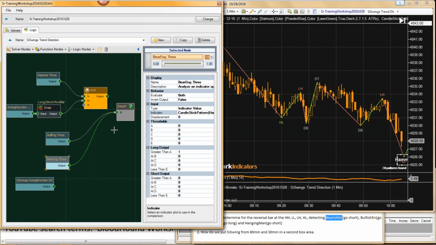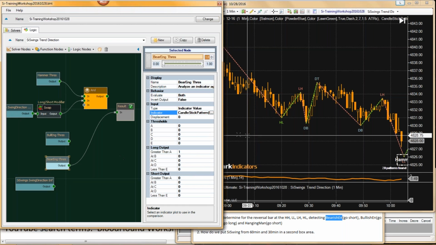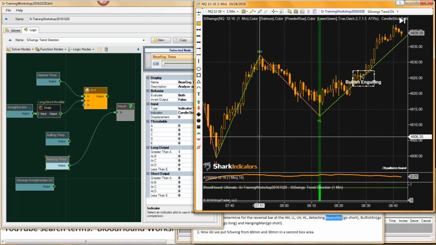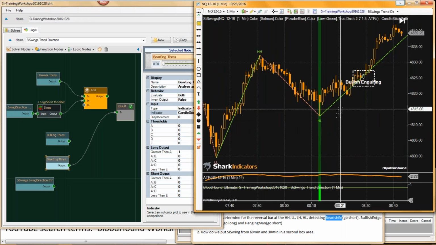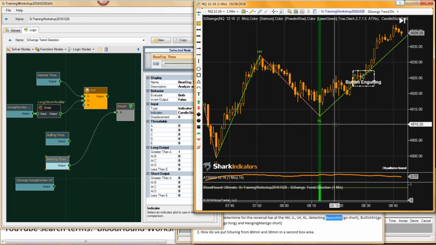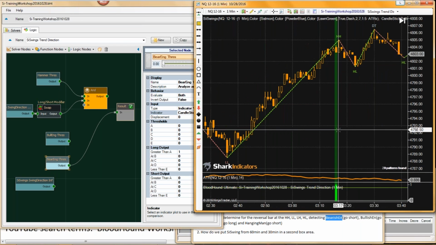And the next one down here needs to be changed for bearish engulfing. There's the bearish. And let's go find that. Interesting, it didn't mark it on the chart, but it marked it for BloodHound. That is odd.